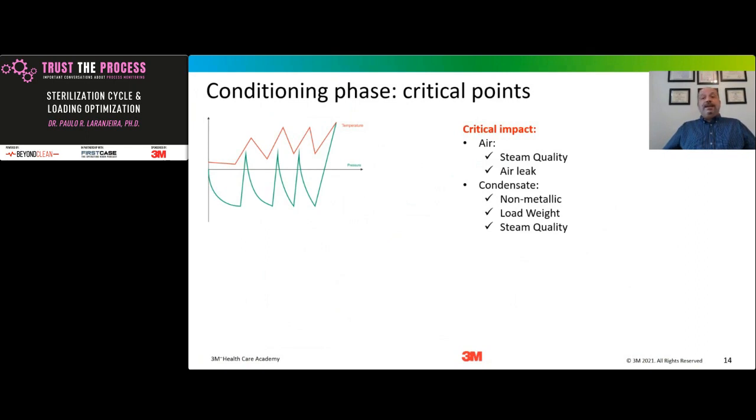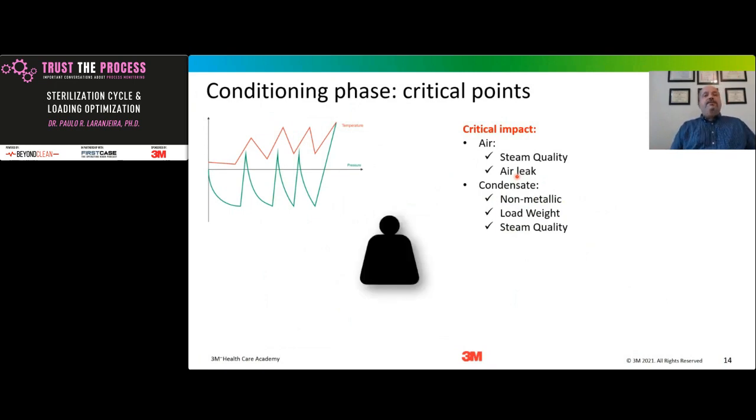I don't have any air leak in my tubing connections around my sterilizer. The condensation caused by metallic or by non-metallic load weight and steam quality. If I have poor steam quality, I will also have a lot of condensation.